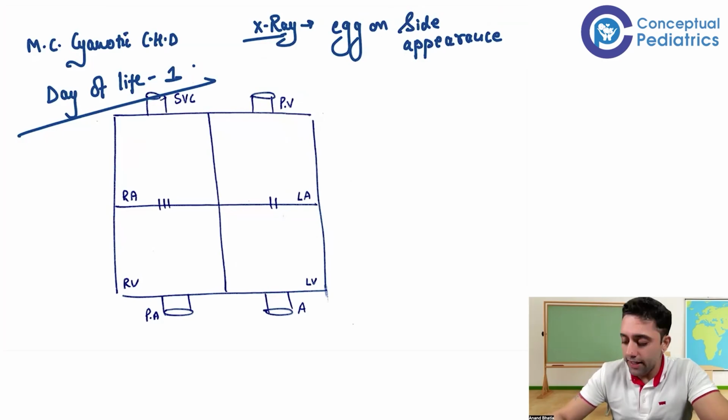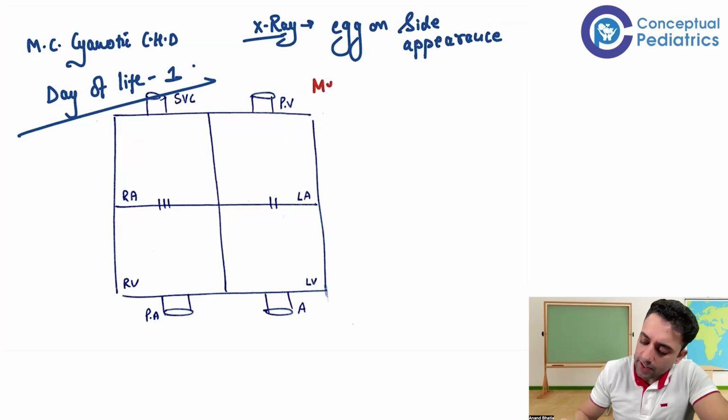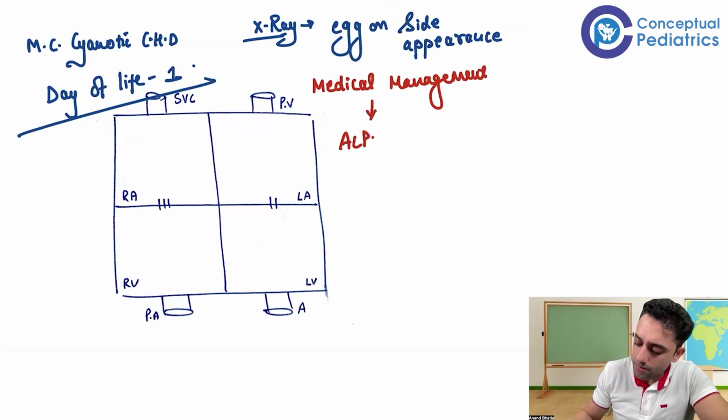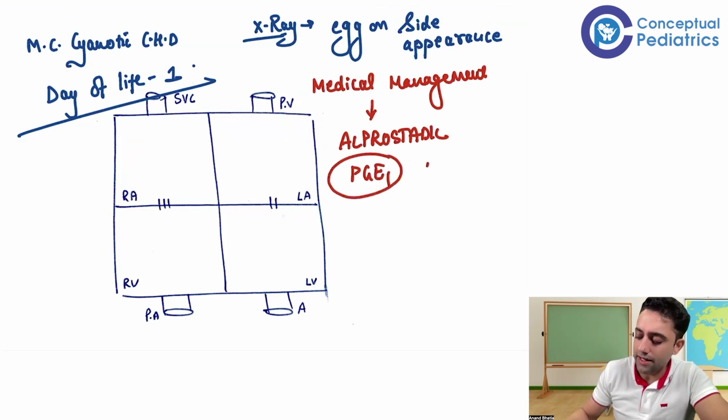One more thing, in this condition I will do something known as medical management. What is the medical management of TGA? The medical management of TGA will be L-prostadil. It is a prostaglandin PGE1 analog.